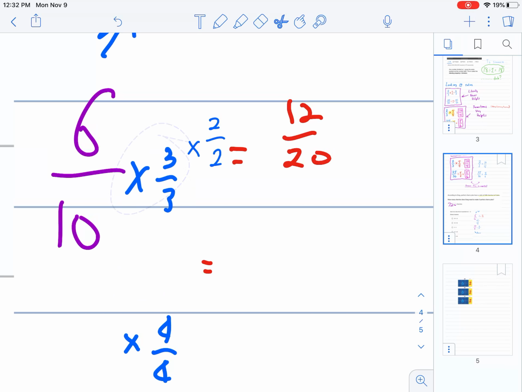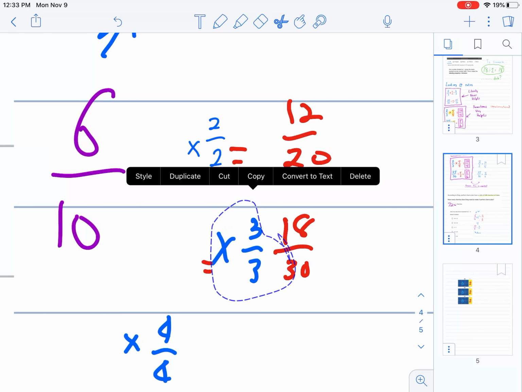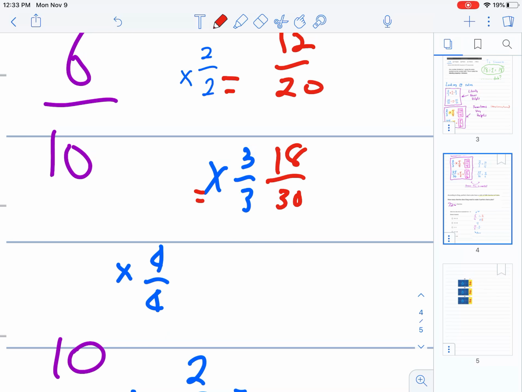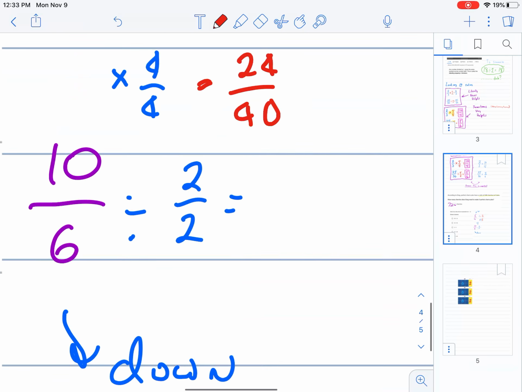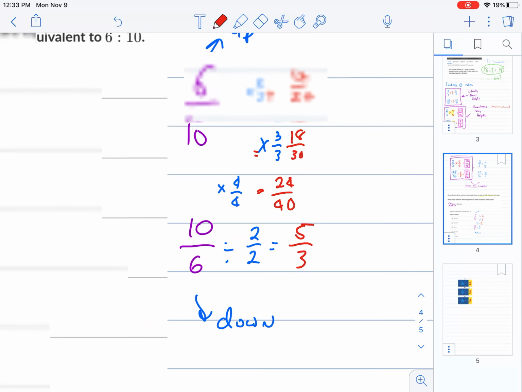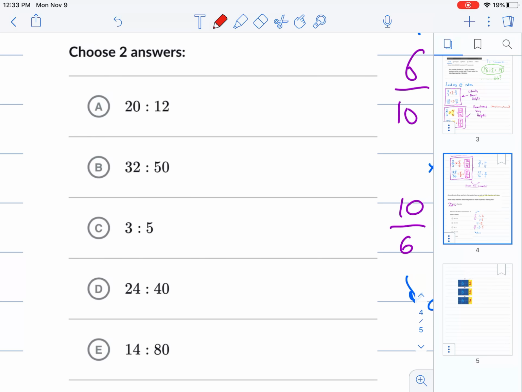The times 3 over 3 would give you 18 over 30. Okay, 4 over 4. You see what's happening here, though, right? We're just making it relatively 24 over 40. And then what? 5 over 3. And then, of course, it looks like some of those. Nope. Okay, cool.